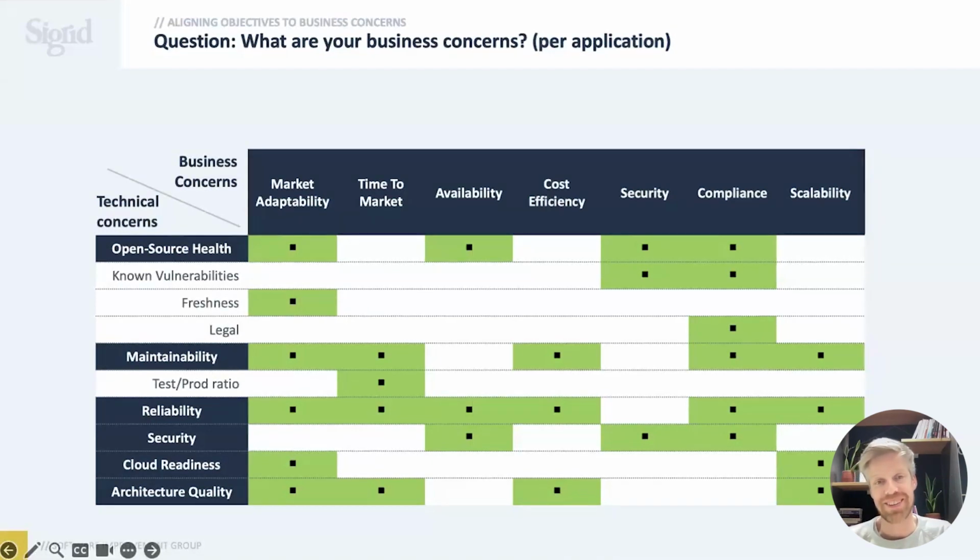Does it make sense so far? I think it does. Yes.